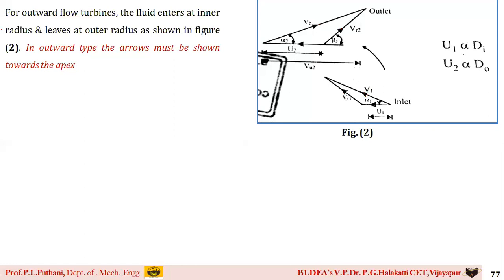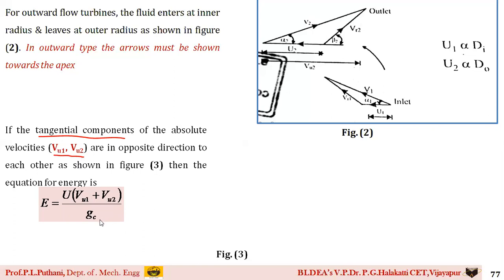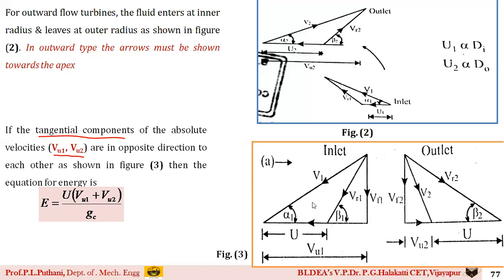Now, the next condition. If the tangential components of the absolute velocities, that is VU1 and VU2, are in opposite directions to each other, how will the sketch look and what will the equation be? The equation is E equal to U, VU1 plus VU2 by GC, because both are in opposite directions.